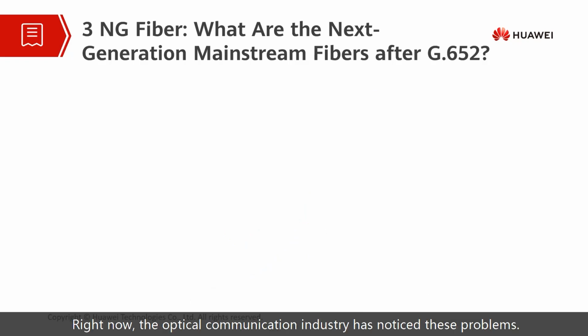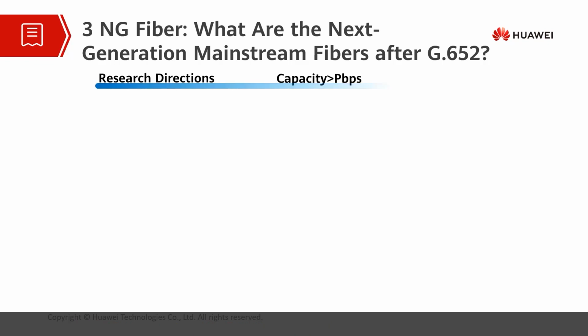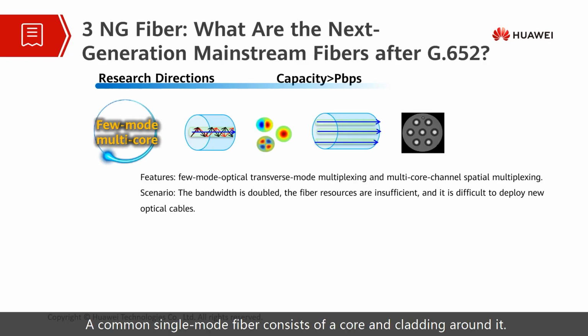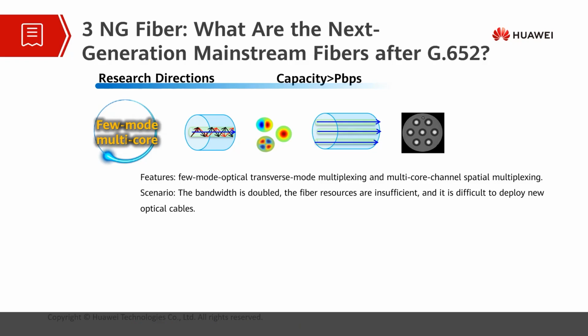Right now, the optical communication industry has noticed these problems, so it continues to explore in other directions. The first major research area is small mode multi-core fiber. A common single mode fiber consists of a core and cladding around it, while a so-called multiple core fiber consists of multiple identical cores in the same cladding and arranged in a certain shape.